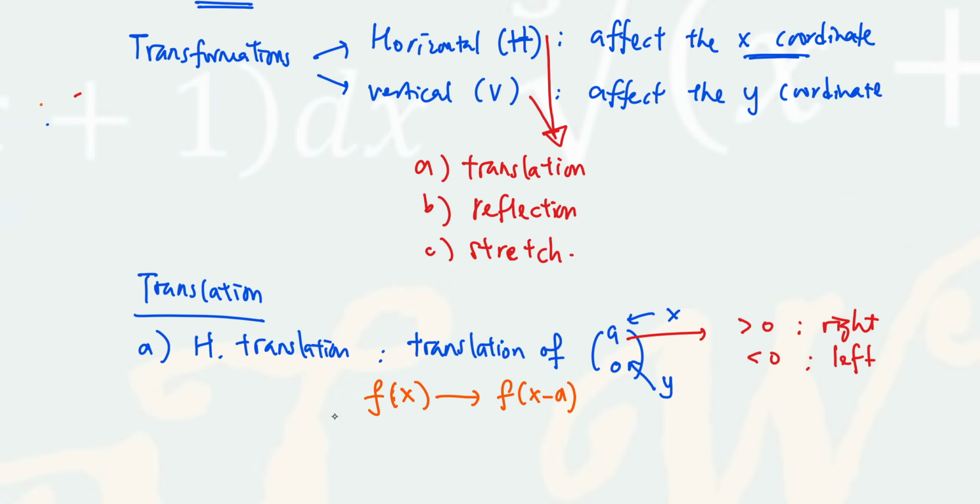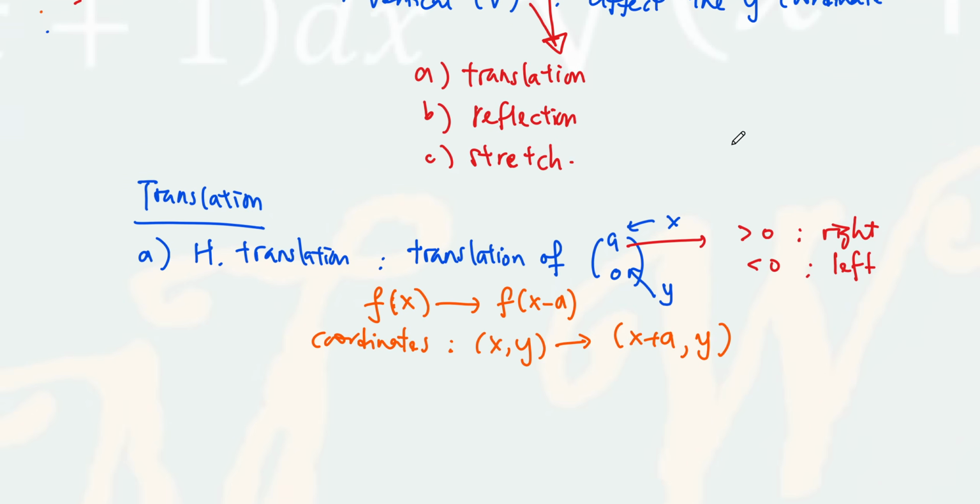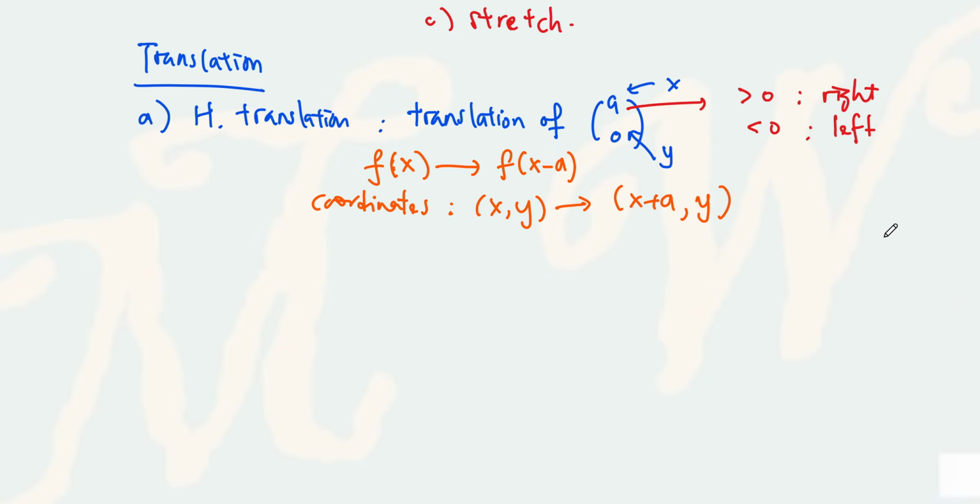And then the corresponding coordinates: instead of x, y for a point, it will be changed to x plus a and y. Because we consider the a in general, if your a is positive, that means x plus a positive value. If your a is negative, then x plus a negative value, so you end up with x minus the a value.